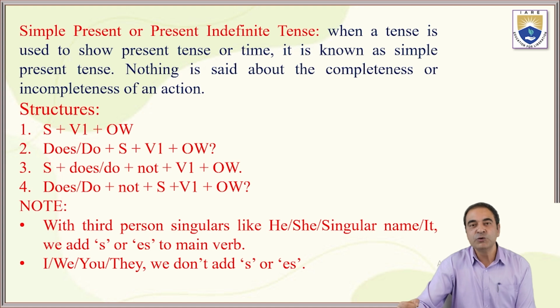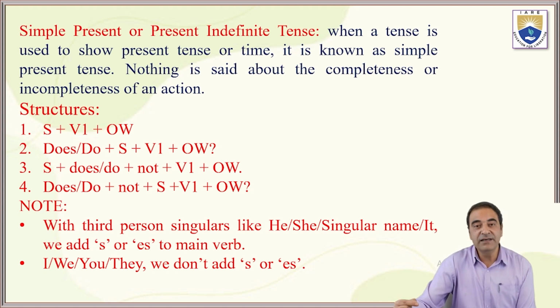But here you need to understand that in simple present, if the subject is third person singular, like he, she, any singular name, for example, the sun, the earth, what we do, we add s or es to the main verb.